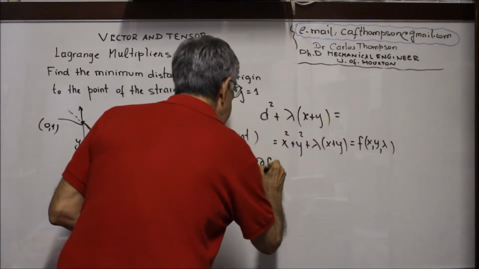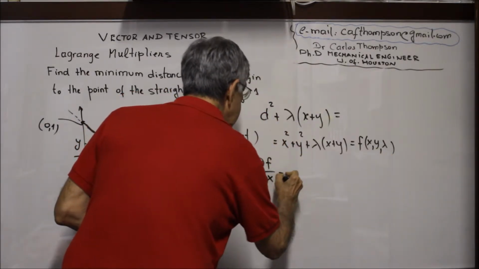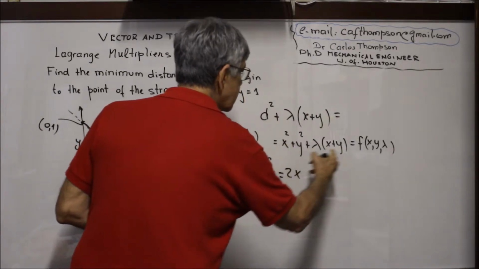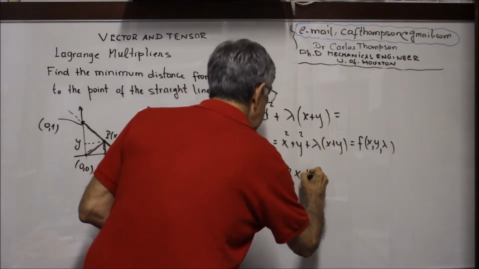So the partial of f with respect to x is 2x plus lambda.